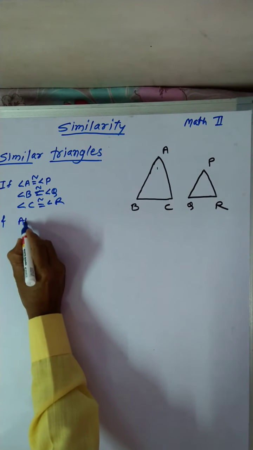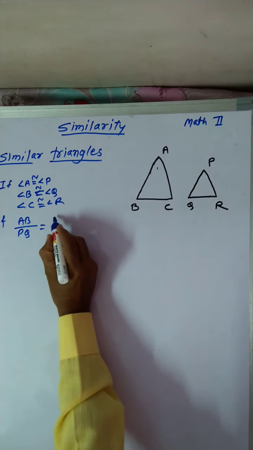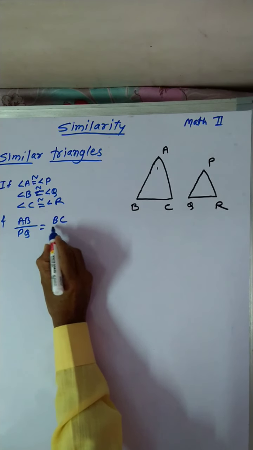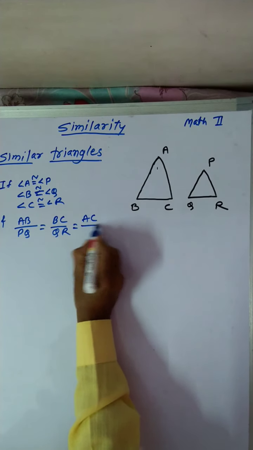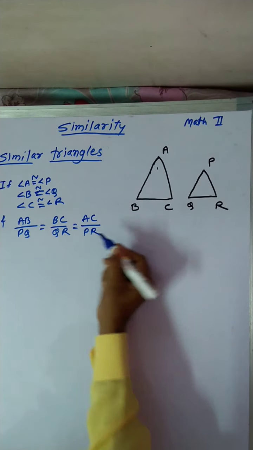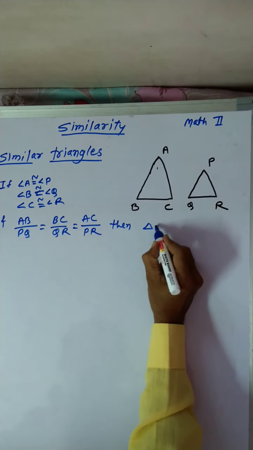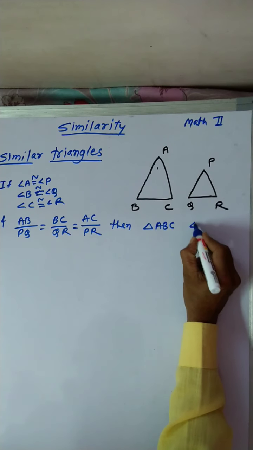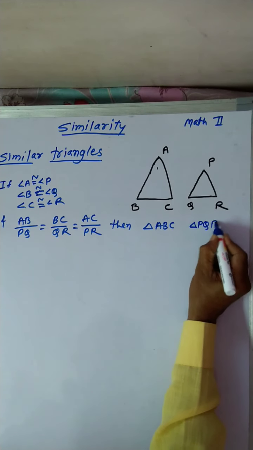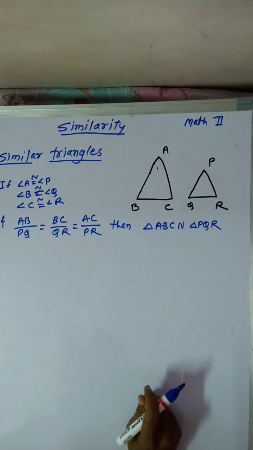That means AB upon PQ is equal to BC upon QR is equal to AC upon PR. Then these two triangles, triangle ABC and triangle PQR, are called similar triangles. This is the sign of similar triangles.